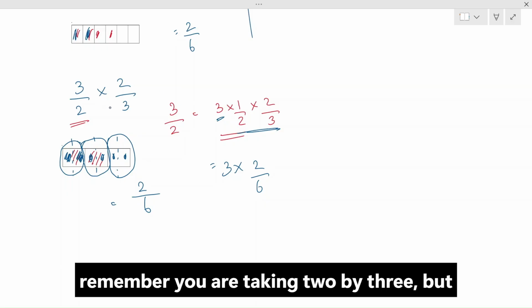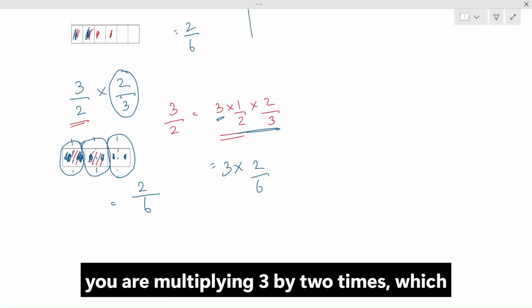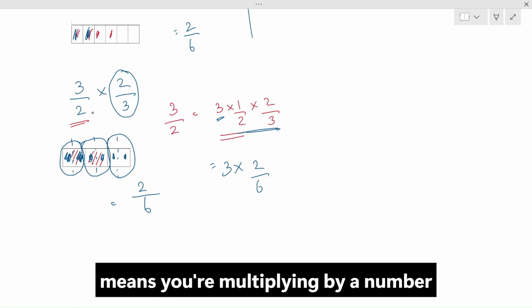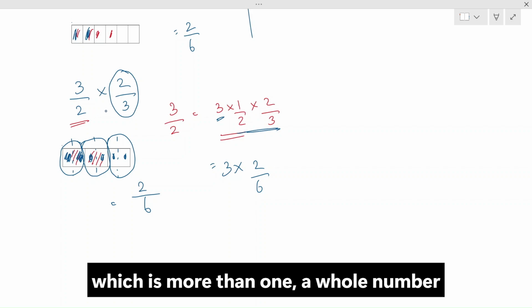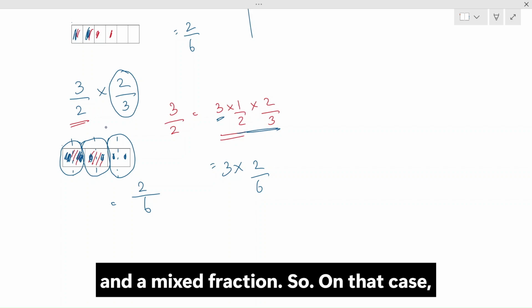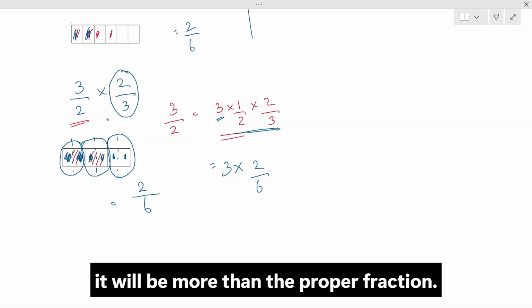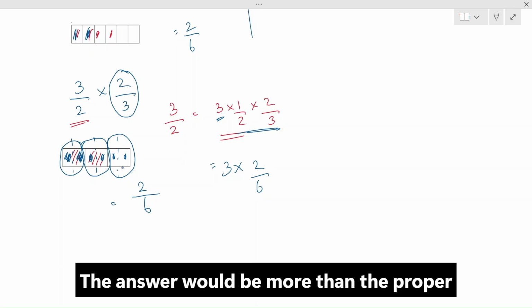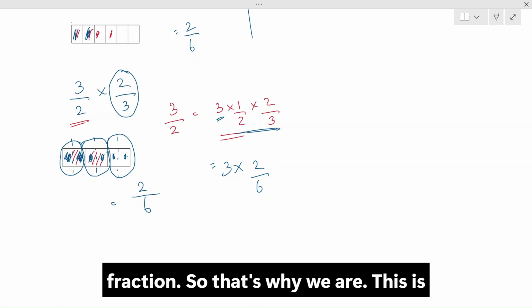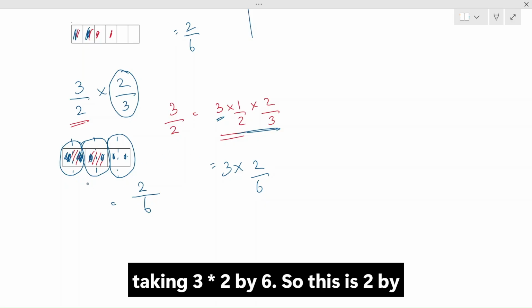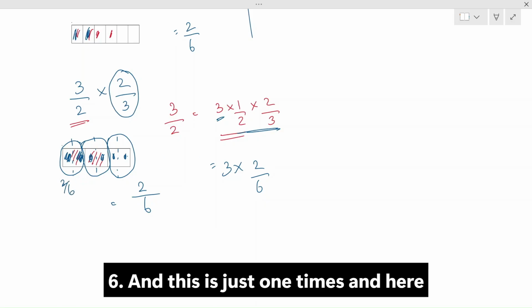But remember, you are taking 2 by 3, but you are multiplying 3 by 2 times, which means you are multiplying by a number which is more than one, a whole number and a mixed fraction. In that case, like we saw in part 1 of the episode, the answer would be more than the proper fraction. So that's why this is taking 3 times 2 by 6. So this is 2 by 6 and this is just 1 time.